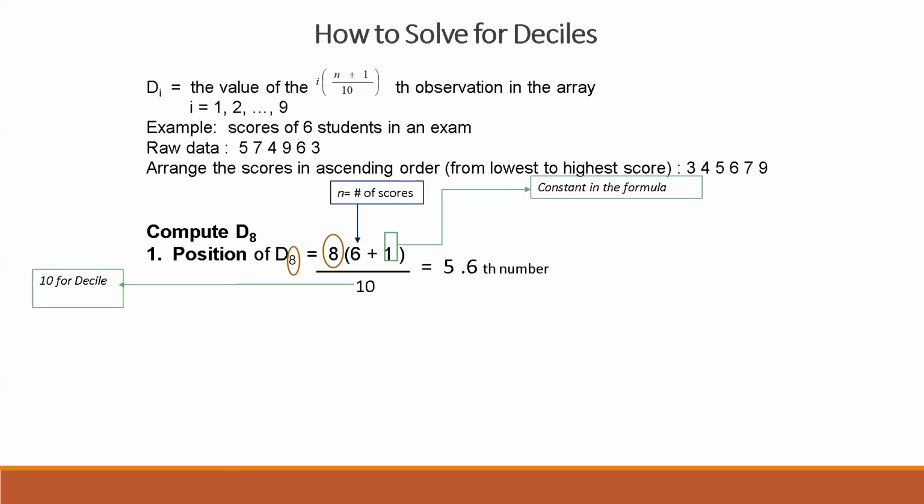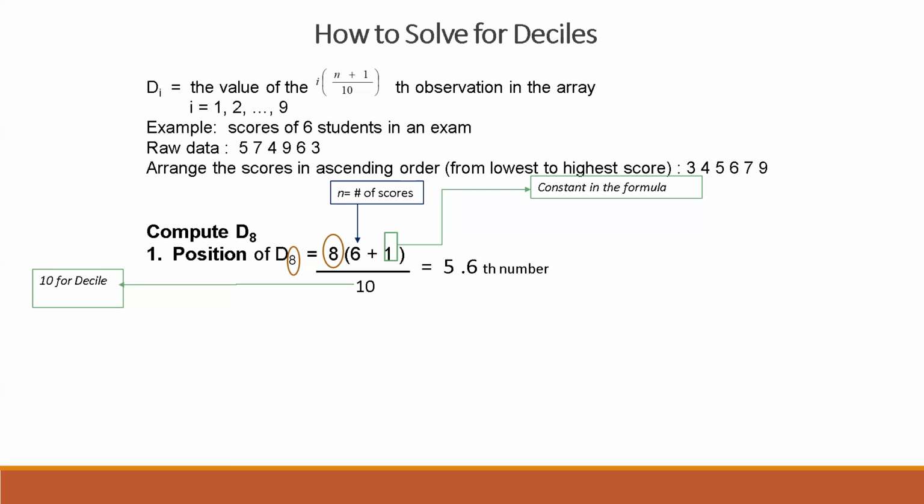This 5.6 tells us that the 8th decile is somewhere between the 5th and 6th observations or scores. That is, between the scores 7 and 9. In particular, it is 60% of the distance between them.